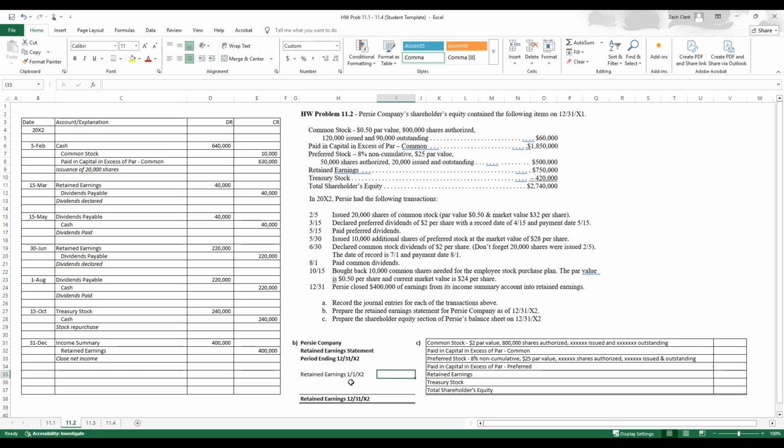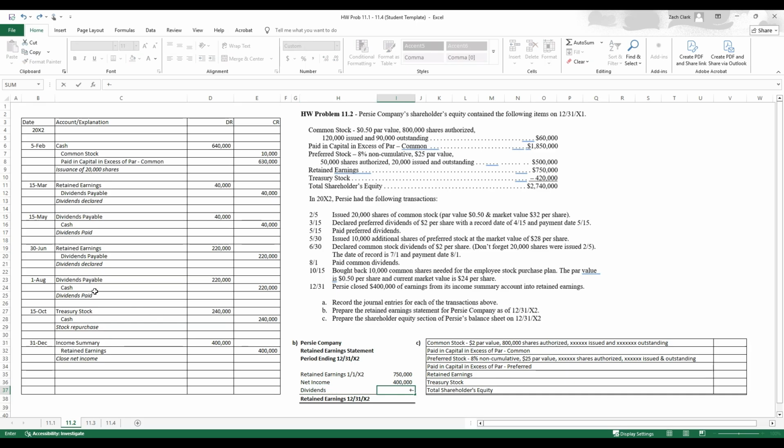So let's finish out our retained earnings statement. Our beginning balance of retained earnings is the same as the ending balance in the prior year. So we had 750,000. Then we add our net income in, which was the 400,000 that we identified there. But then we've got dividends.